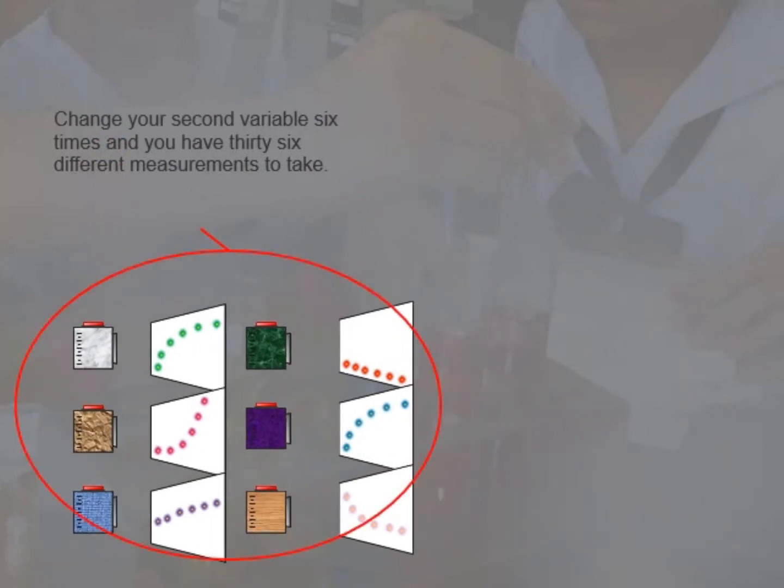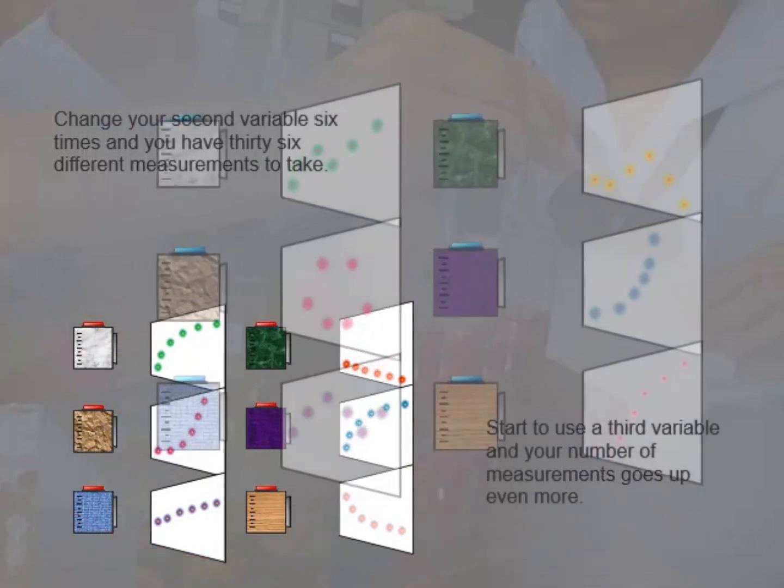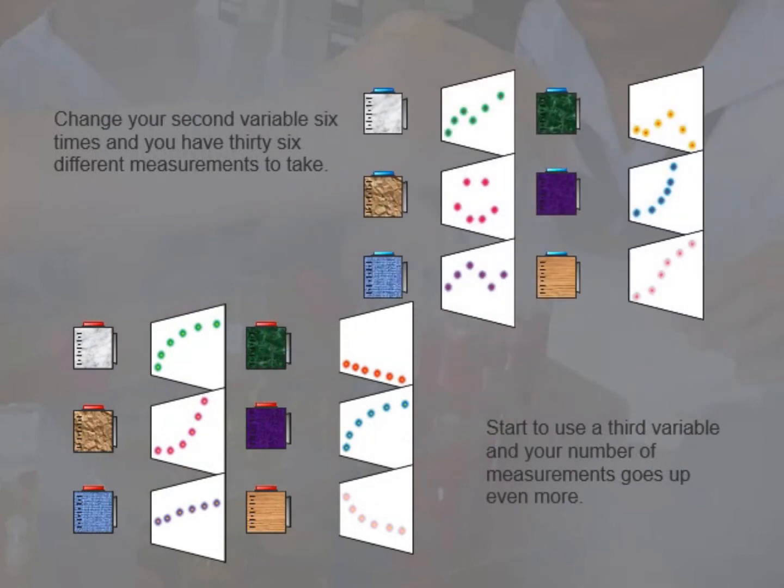Change your second variable 6 times and you have 36 different measurements to take, but you can take this even further. Let's say we change a third variable, so our button is now a different color, and we get 6 more different sets, another 36 data points.